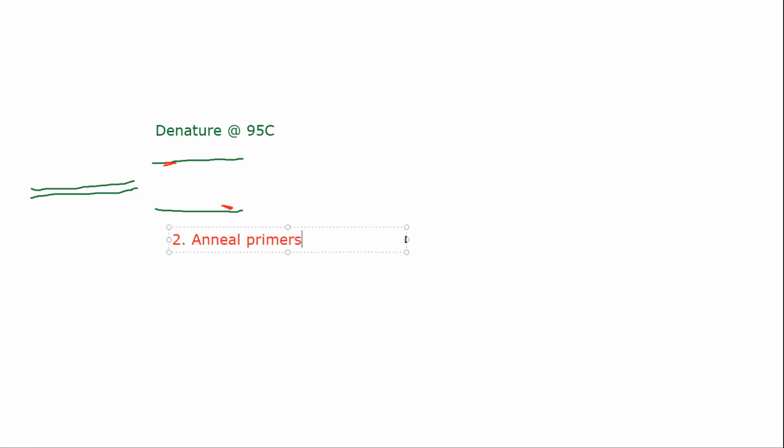Remember, these are just the little pieces of DNA. They're like 20 to 30 nucleotides that will attach to our sequence to say, hey, start copying here, because the polymerase can't start copying from single-stranded DNA. It has to go from double-stranded. So this gives us a little bit of double-stranded DNA.